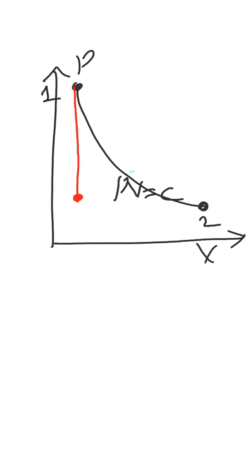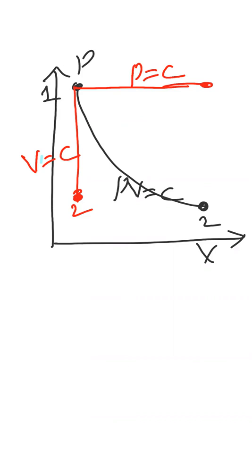If it's a constant volume process, this is the isochoric process. Volume is constant. If it is a constant pressure process, it will be like this. This is pressure equal to constant, the isobaric process. Like that, this is PV power 1 equal to constant.